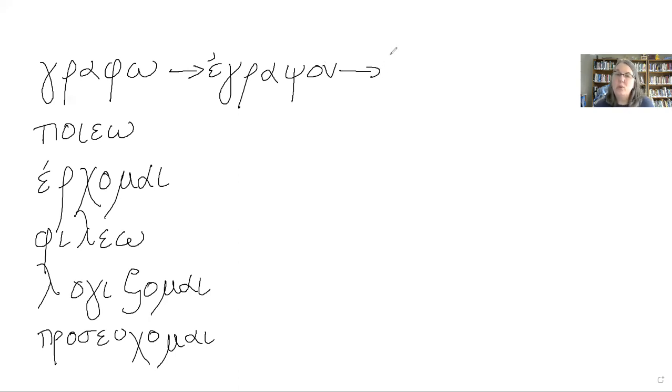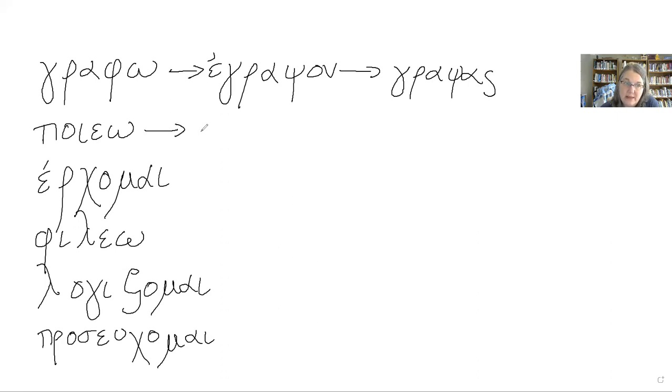But now if we want to make a participle, we're not going to have the augment. So we'll just go back to grap, and then the ending for the aorist active participle is as. So we get grapsas.